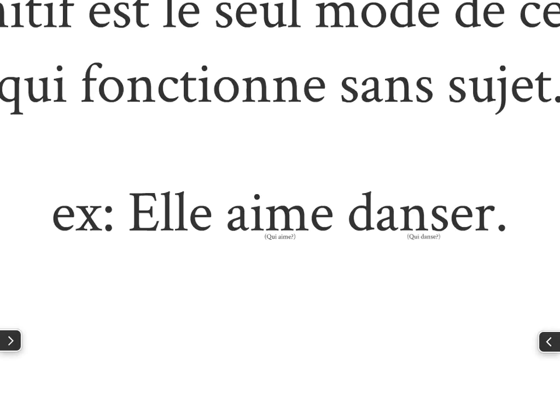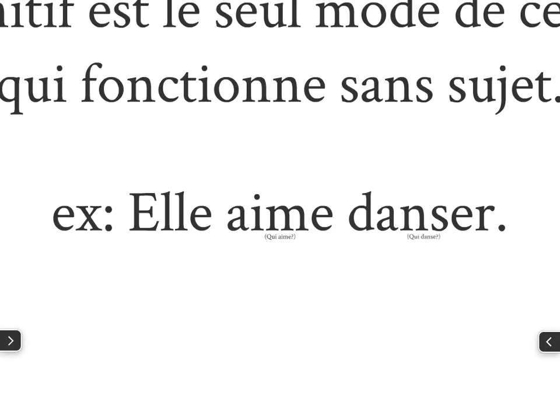Wait, but isn't she not dancing? She's not necessarily dancing right now. But we're not talking about her liking someone else dancing. We're talking about her liking when she's dancing. Yes.